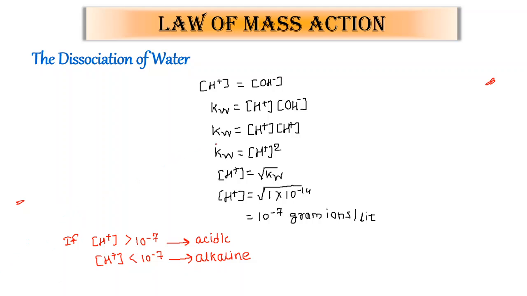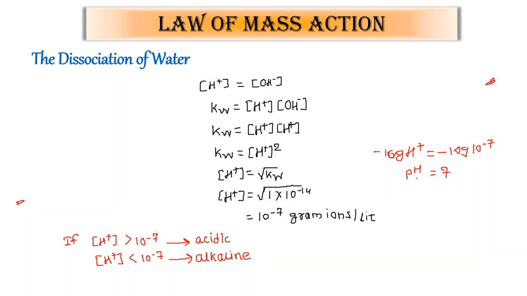So I can say over here minus log of H ions is equals to minus log 10 to the power minus 7. So this will become as a pH, which will come equals to 7. So here I can say that pH form can be written if I consider the dissociation.